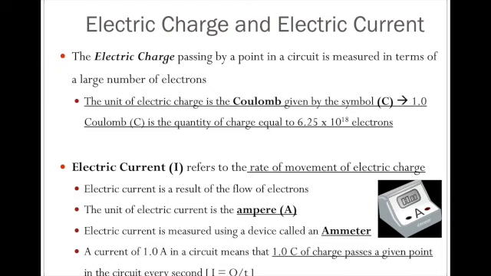If you want to picture a river with water flowing through it, that also has a current. It's a very similar analogy: if I'm looking at a river, I want to know how much water is passing through a particular point, which is sort of like how fast the river is moving. Remember we're not talking about a cup of water, we're talking about thousands of gallons of water in a river.